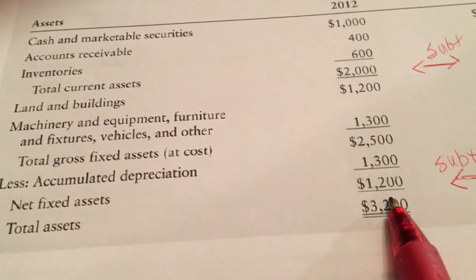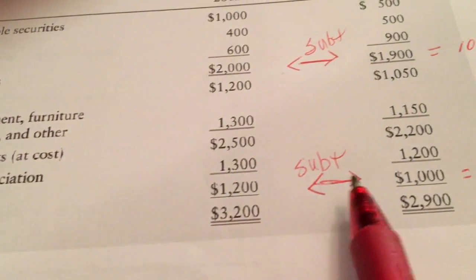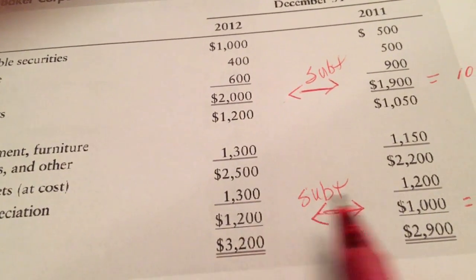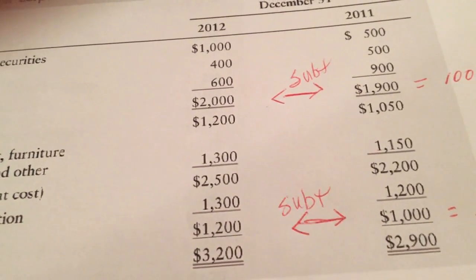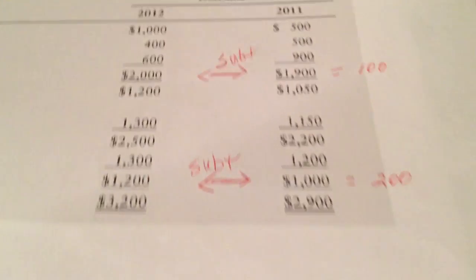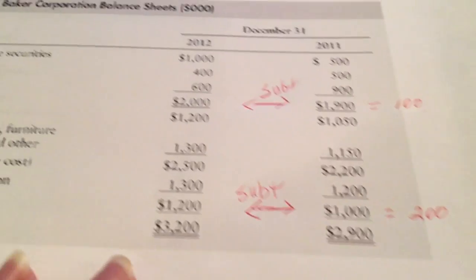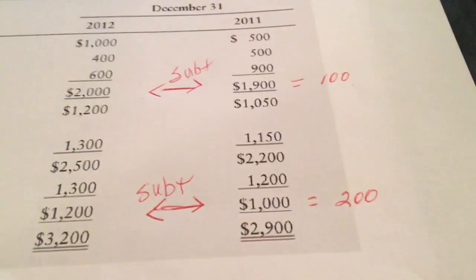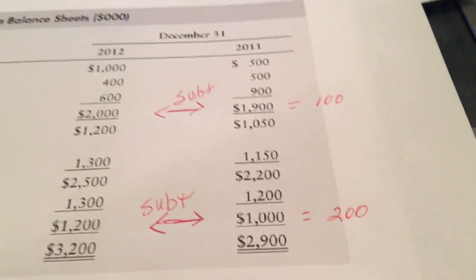So notice net fixed assets, $1,200 for this year, and $1,000 for the prior year. Now what we want to do is subtract those 2 numbers. That's going to give you 200. That is the change in your net fixed assets.